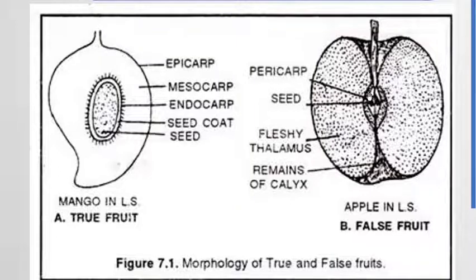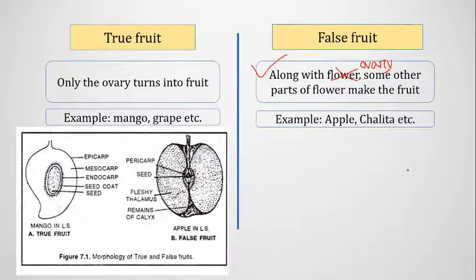That is why in the apple the total fruit comes from the ovary as well as other parts of the flower. That is why apple is considered a false fruit. Let's see a video.